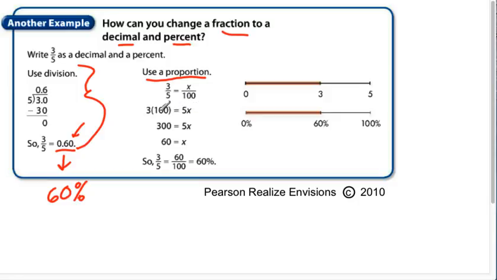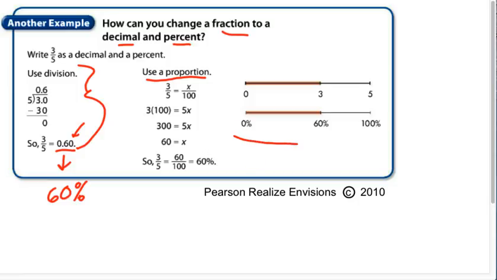Simplifying, we have 300 equals 5x, and to get x by itself, we divide both sides by 5. 300 divided by 5 is 60, and 5 divided by 5 is 1, but you wouldn't need it because of the identity property, so you get x by itself. So 3/5 equals 60 hundredths, because x is equal to 60, and 60 hundredths is 60%.